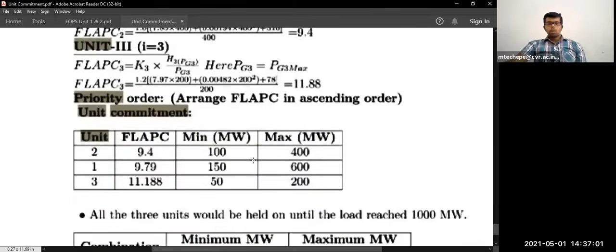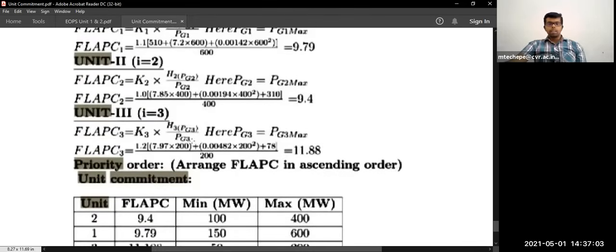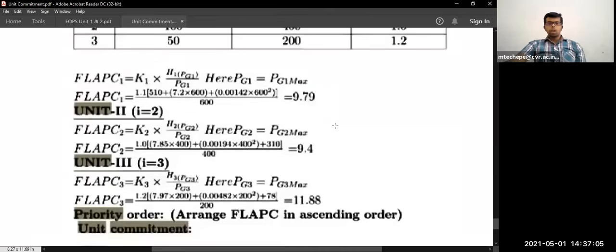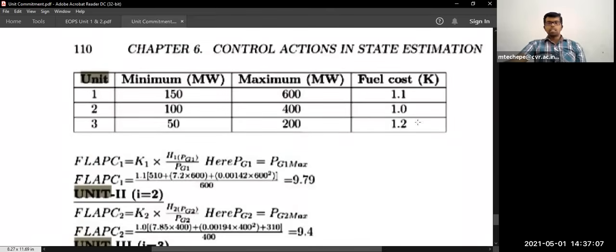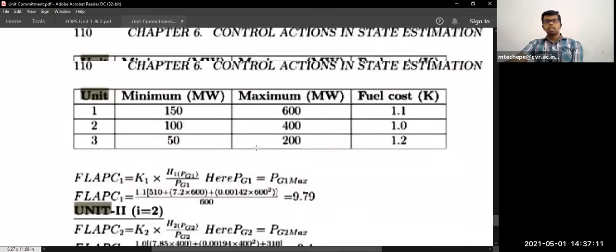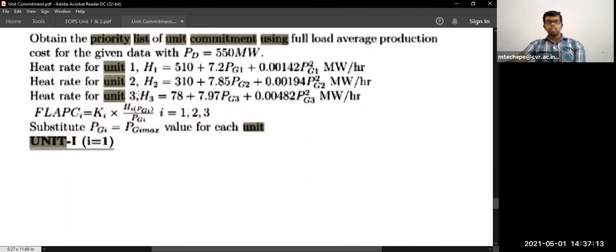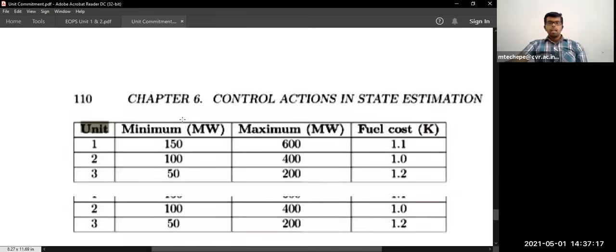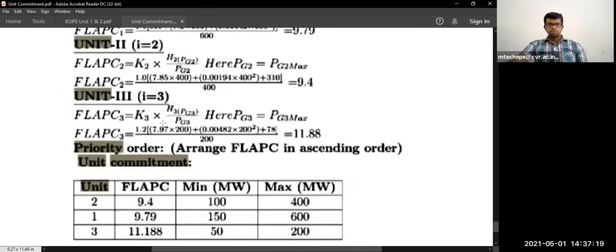So 200 megawatt you have to substitute over here. Also K3 is 1.2, that is the fuel cost. You substitute in H3 of Pg3, which is given here. While substituting, you will get the answer 11.88.